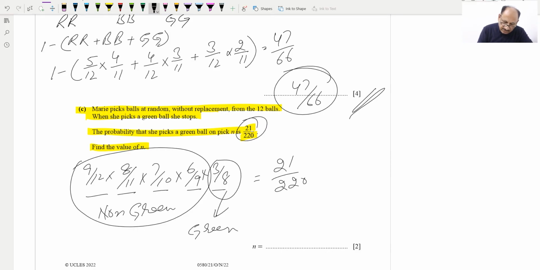This is the same probability, and they are asking for n. So first 4 will be these, and the fifth one will be this one. So n is equal to 5 will be our answer for this 2 marks question.